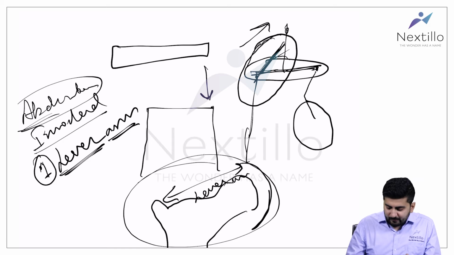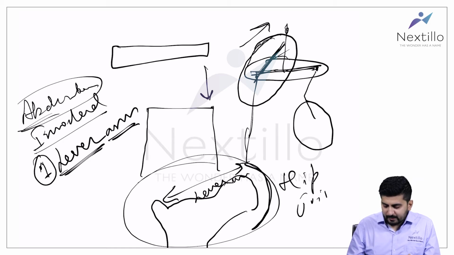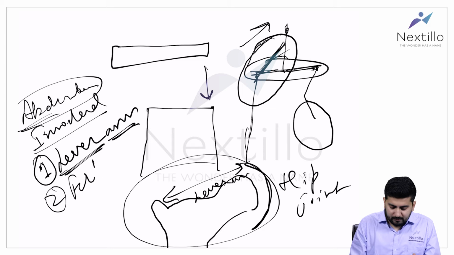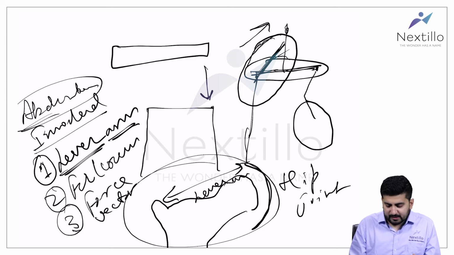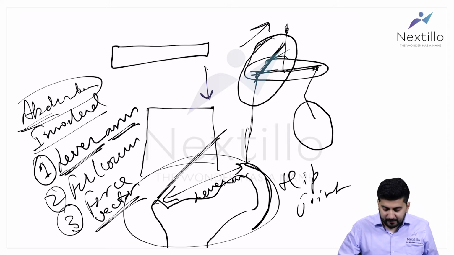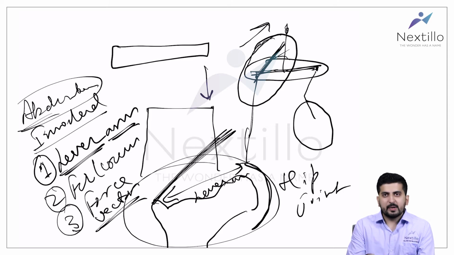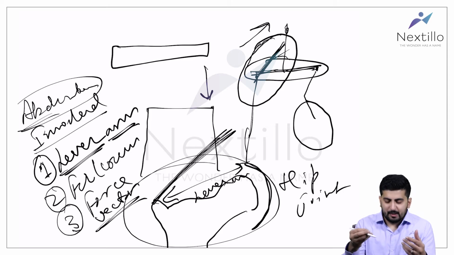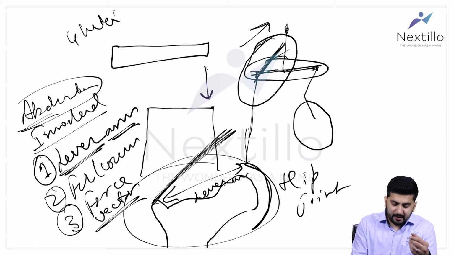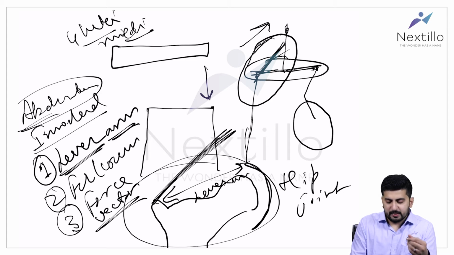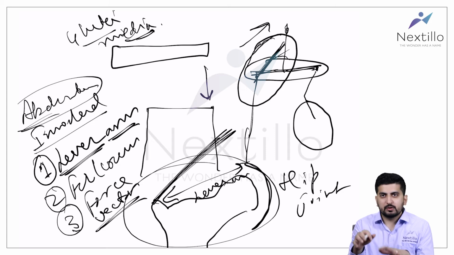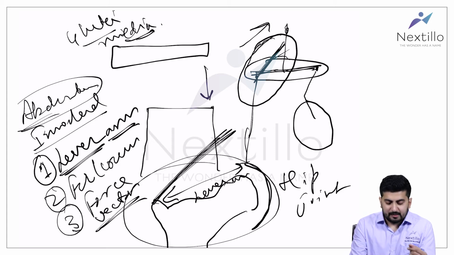The fulcrum, which happens to be the hip joint, or the force vector, which in this case happens to be the abductor muscles of the hip joint. Now, if there is a defect in any one of these, then this Trendelenburg test can be positive. For example, if the gluteus medii or minimi, if any of these muscles are not acting properly, say in cases of a superior gluteal nerve injury, then this will lead to a weakness of the abductor mechanism and in turn a positive Trendelenburg test.